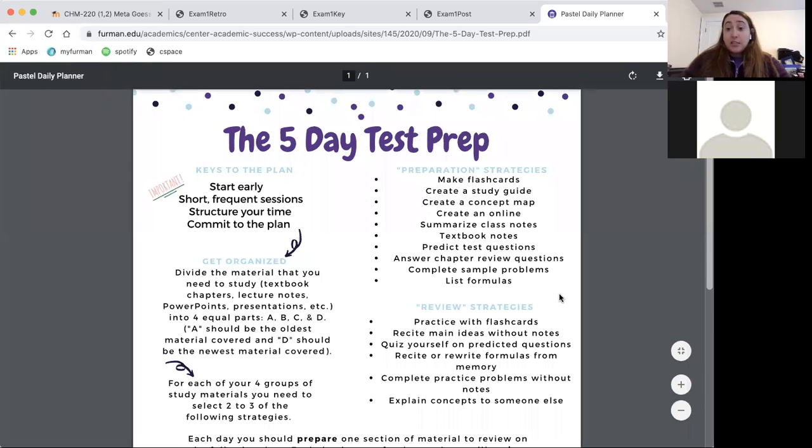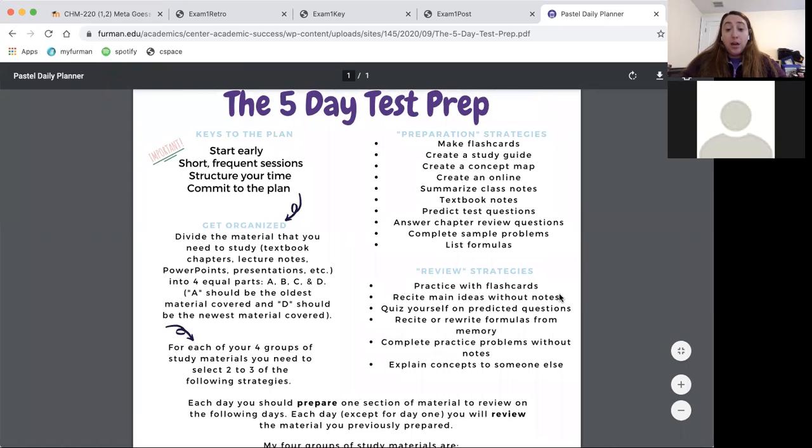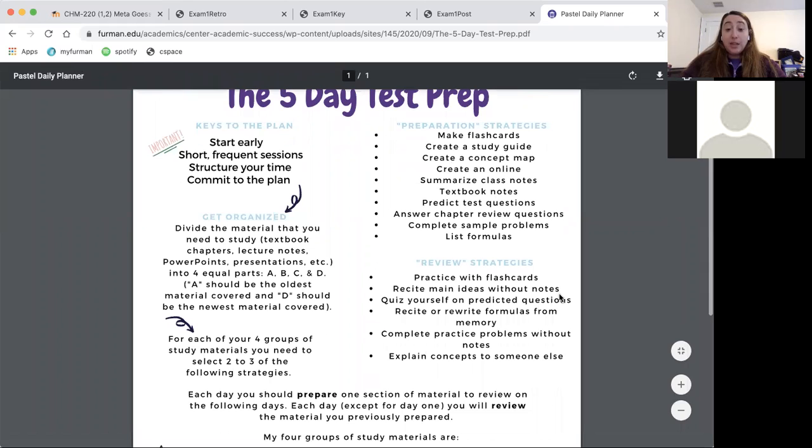One of the things I have spoken about in another workshop, which is on our website, if you want to reference it later, is the 5-day test prep. It breaks things down a little more. The biggest thing is you're breaking your material up into 4 sections and spending a little more time on the older material. If you're spending time every single day reviewing, you're not cramming for an exam.